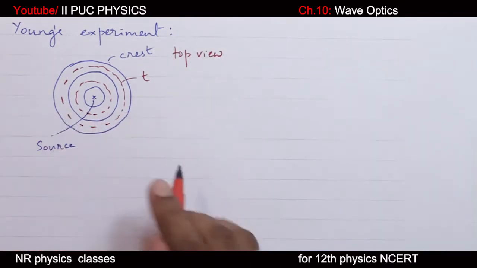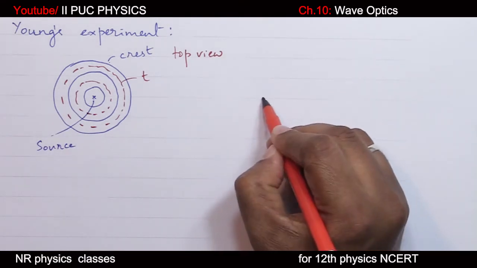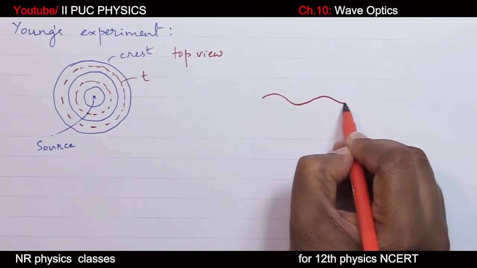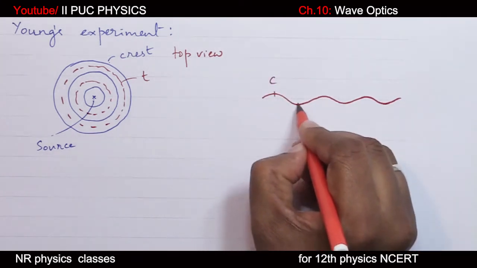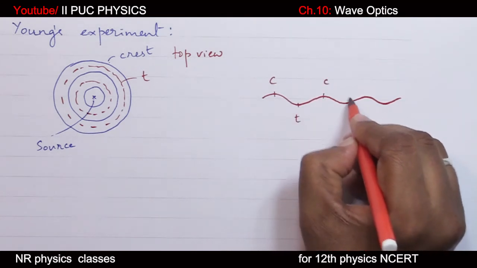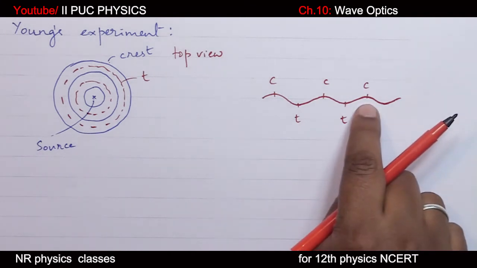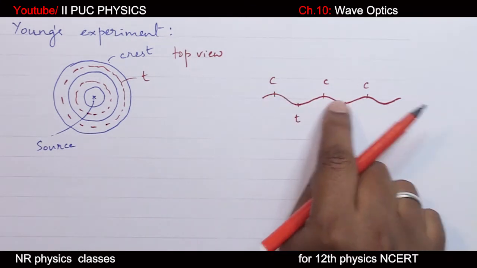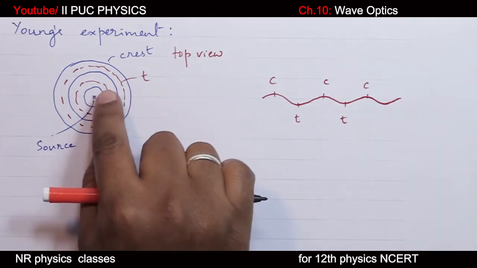Now how about side view? If this is the point of disturbance, then a wave travels like this. Crest, trough, crest, trough, crest. For time being, neglect the decrease in amplitude, because as we go away from the center, height of the wave decreases.